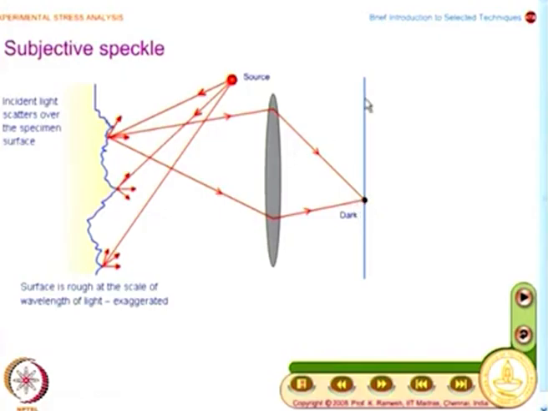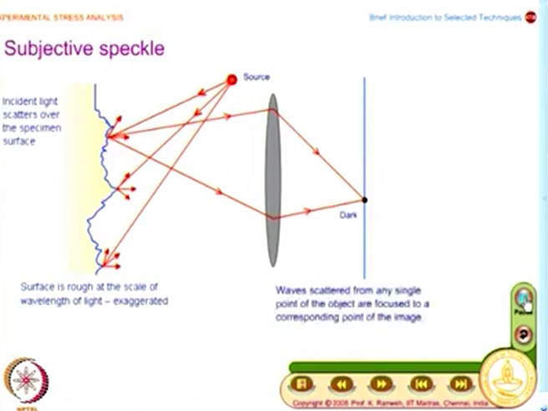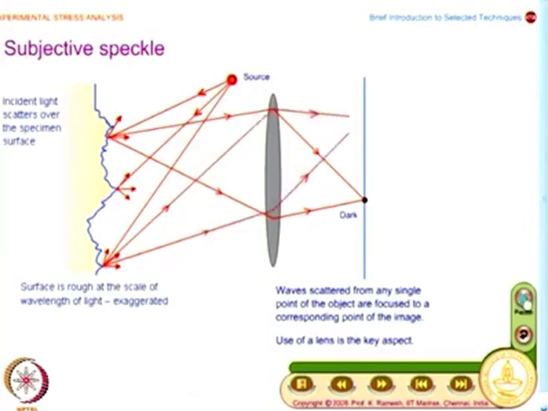Similarly, for this other point, I will choose the point in a manner that there is constructive interference and I have a bright point.